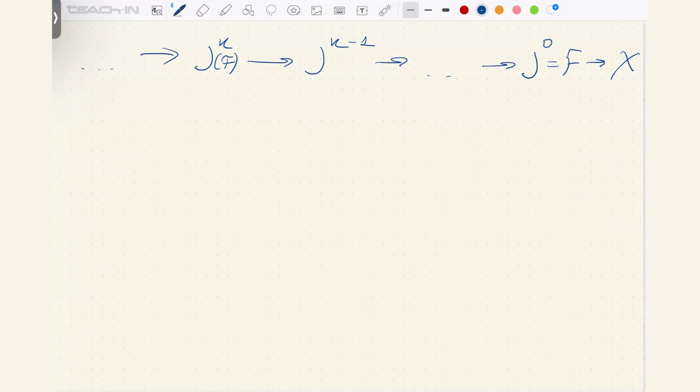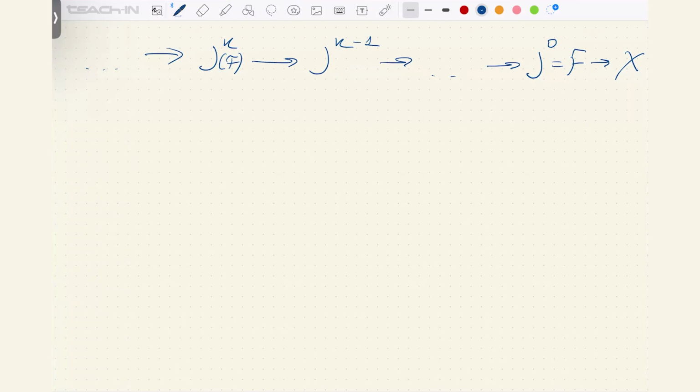The idea is very simple, because if we want to consider functionals depending on derivatives up to a certain order, sometimes it's not very useful to fix this order, right? Because maybe for some reasons you need to consider higher.